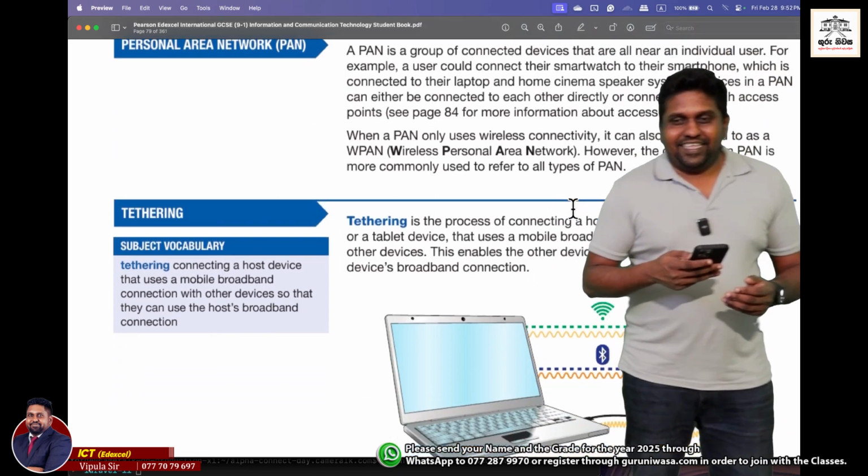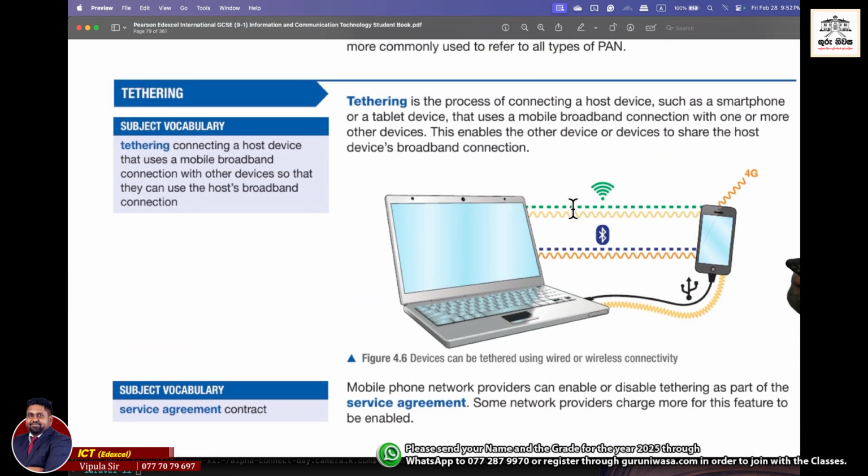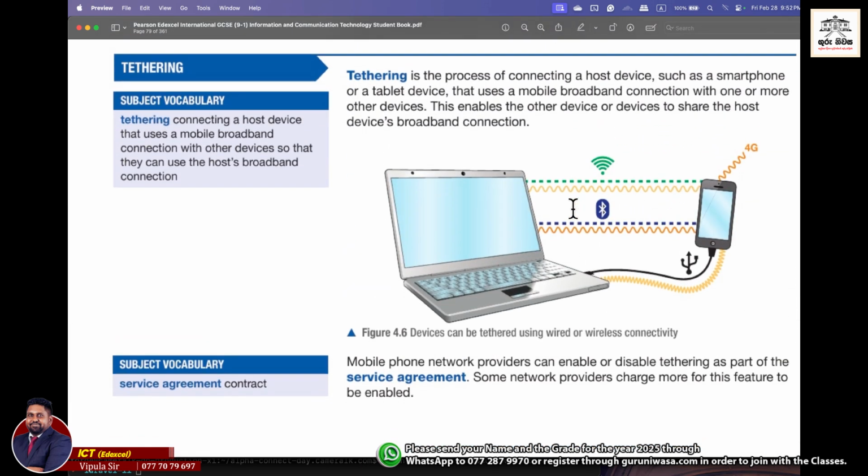Okay, then the final one, we have tethering. Tethering is not actually a word which we use a lot now, because nowadays we mostly use wireless tethering.